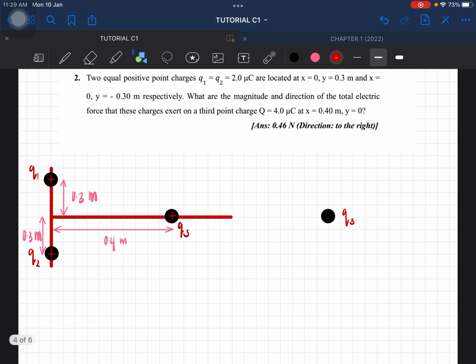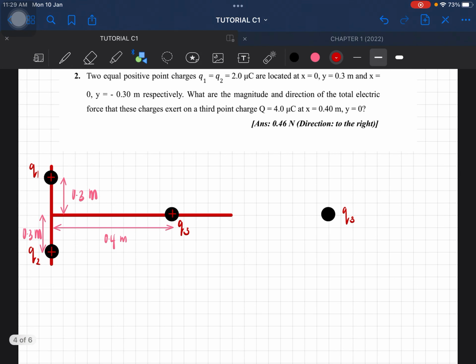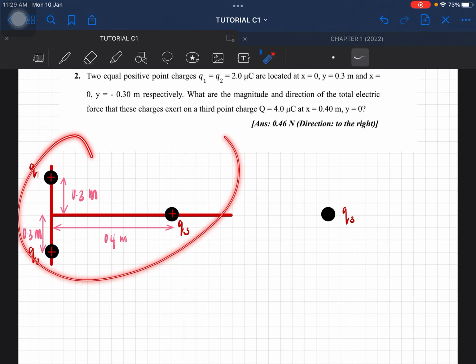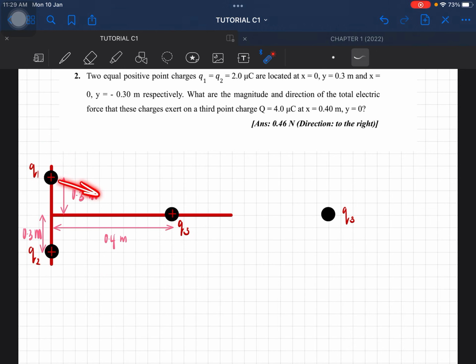Okay, so since these are positive charges, the forces are gonna be away from each of the charges, because they are experiencing what we call a repulsive force. Okay, so instead of them going like this, they will try to get away from each other.